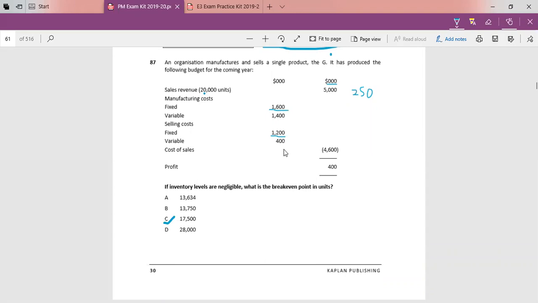Break-even sales you can calculate, because sales is there, variable cost is also there, contribution by sales into 100, that percentage you calculate, arrive at break-even sales divided by the selling price per unit 250, that also. So there are various ways.